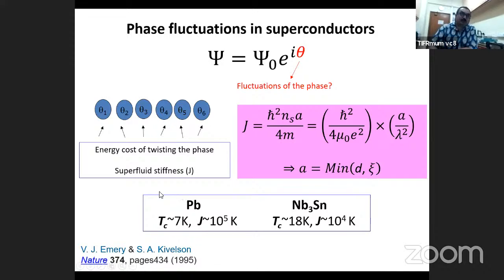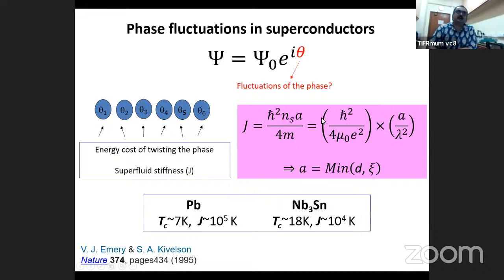Okay, this is a calculation I have told you to do. I don't know whether you have done it or not. But if you do this calculation, take clean lead or clean niobium tin and you calculate the superfluid stiffness from this formula. It's very easy because you know the coherence length, you know the penetration depth, and then the rest are all universal constants.